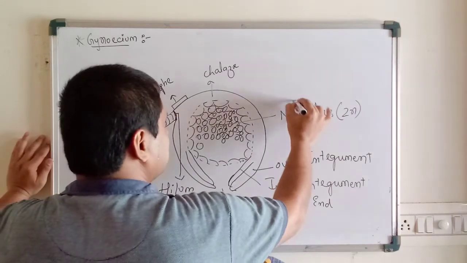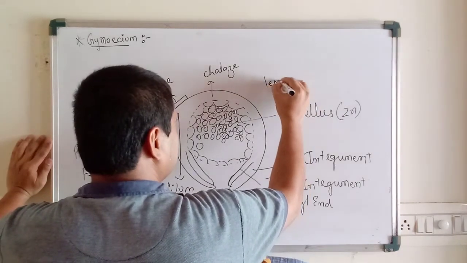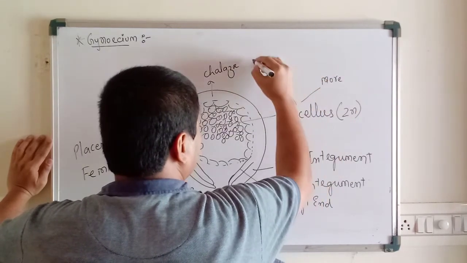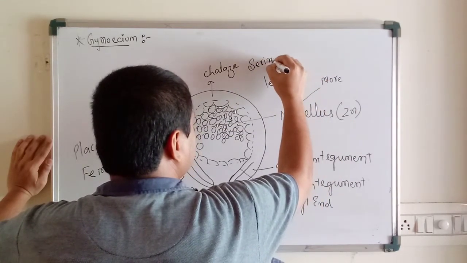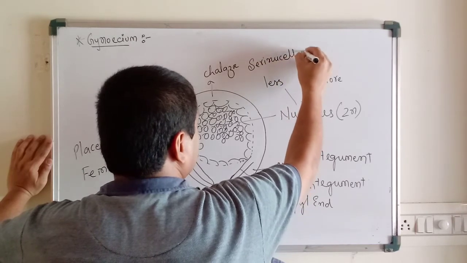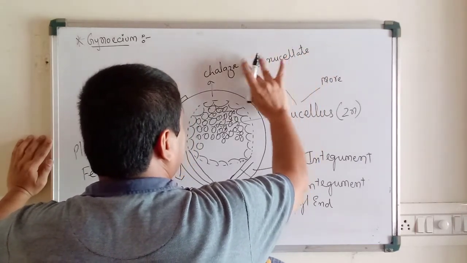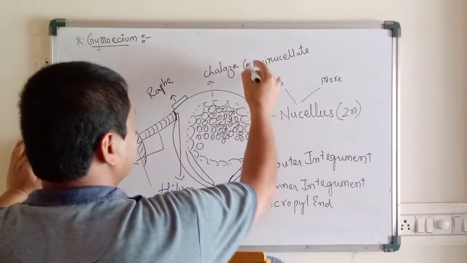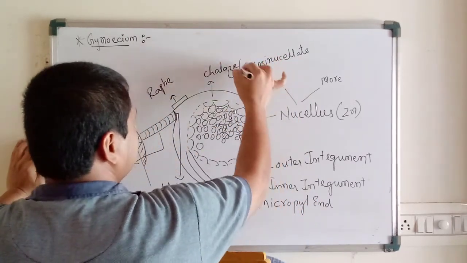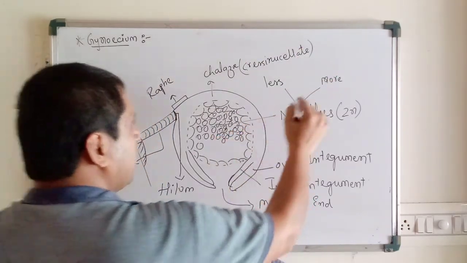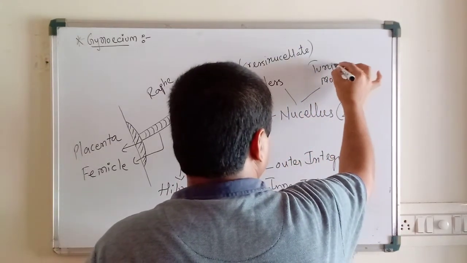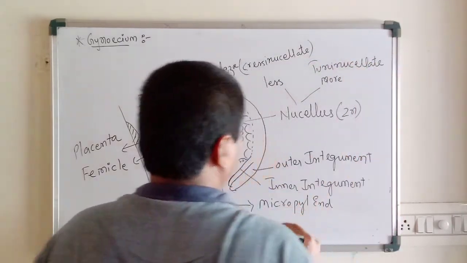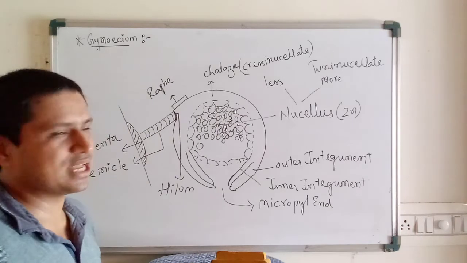If it is less, it is known as tenuinucellate, or crassinucellate. It is the C. Whereas if it is more, it is known as tenuinucellate.